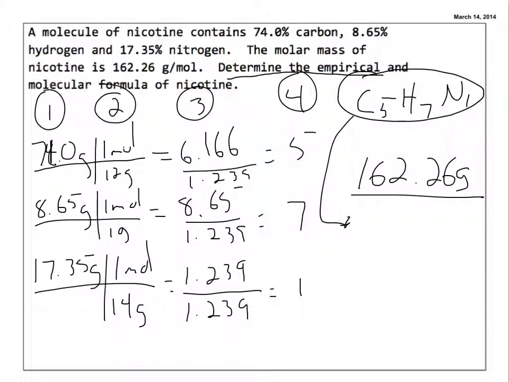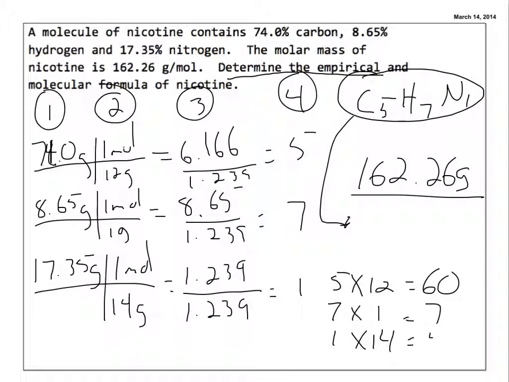So it's C5, which means 5 carbons, 5 times 12, H7, 7 times 1, and 1 nitrogen times 14. So that's 60, and 7, and 14, which is 81 grams.